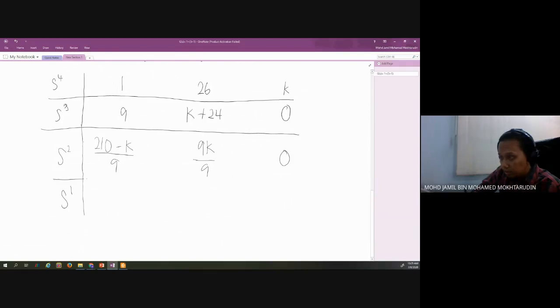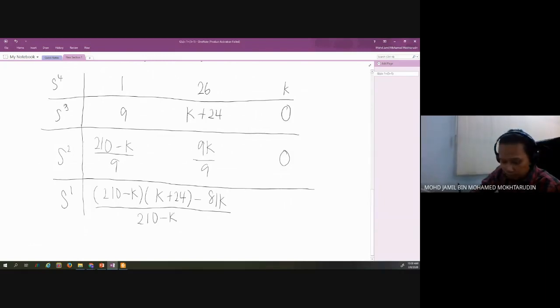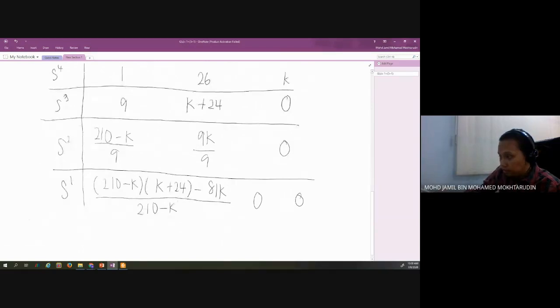And then S1, you get 210 minus K, K plus 24 minus 81K over 210 minus K, 0, 0. So here 9K, 0, 0.